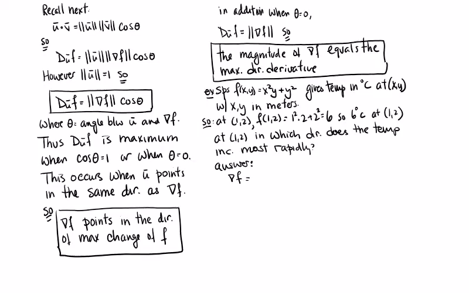The gradient of f, in general, is 2xy i, that's the derivative with respect to x, plus the derivative with respect to y, which is x squared plus 2y, j. The gradient of f at (1, 2): 2 times 1 times 2 is 4i, plus x squared plus 2y is 5j. That's the direction you would go at the point (1, 2) if you wanted the temperature to increase as much as possible.